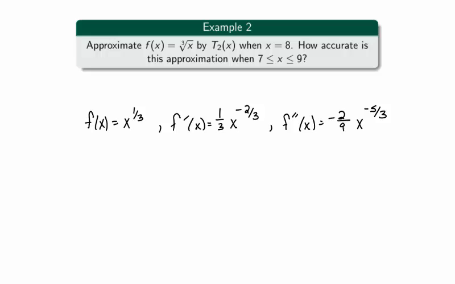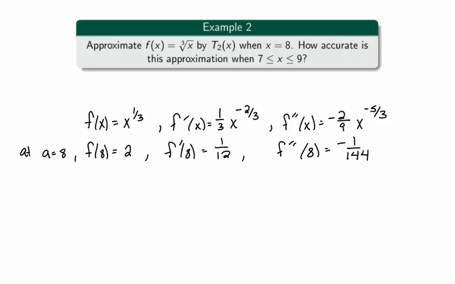And thus, f double prime of x equals negative 2/9 x to the negative 5/3. Evaluating at a equals 8, we have that f(8) equals 2, f prime of 8 equals 1/12, and f double prime of 8 equals negative 1 over 144.